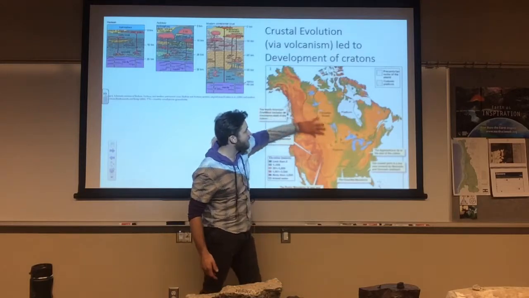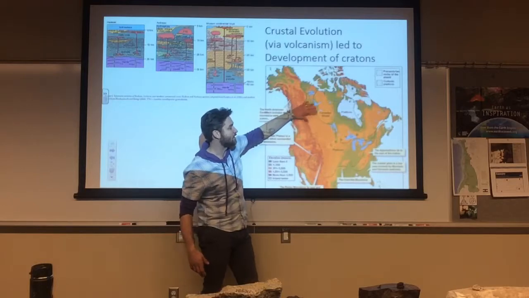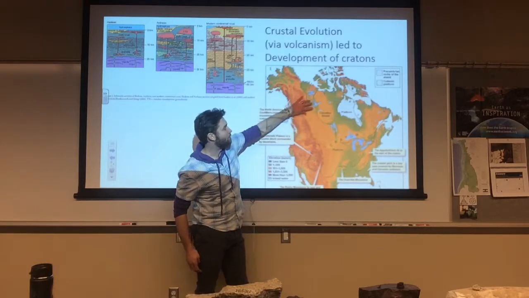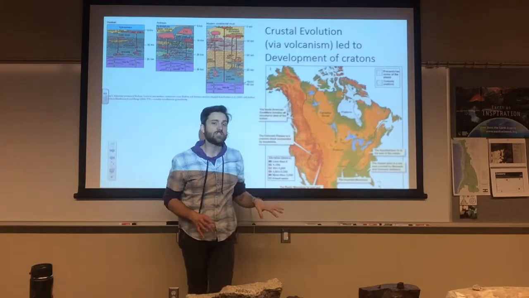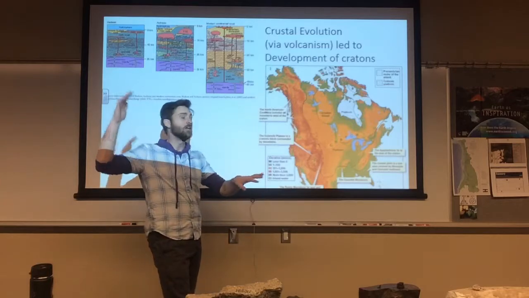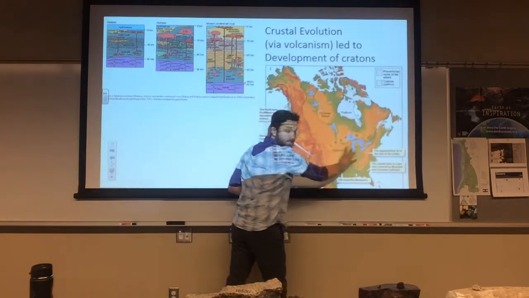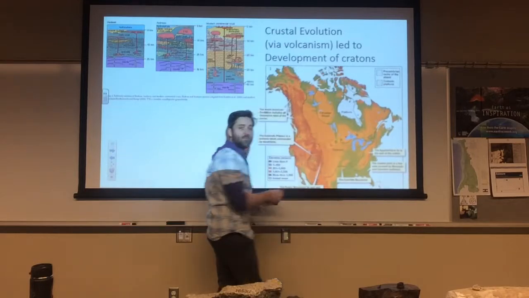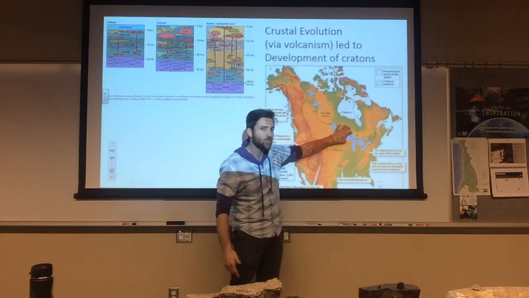Now, areas to the south, and also here in the east of the Canadian Rockies, this area, which we call the platform, are ancient sedimentary rocks, about 500 million years old and younger, that covered up the craton. So the craton is still under here.